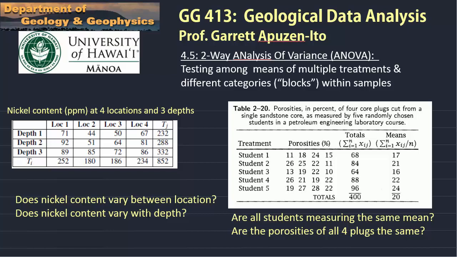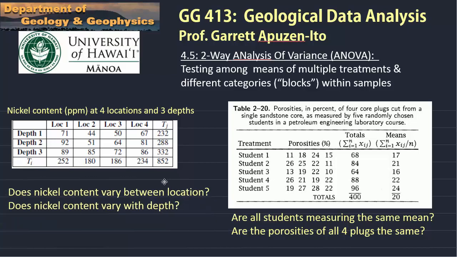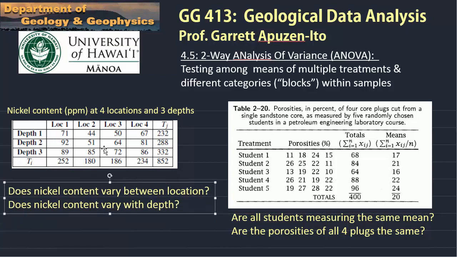Another example is given in Wessel's notes, in which shale is measured at 4 different locations for the nickel content, and at each location the nickel content is measured at 3 different depths.